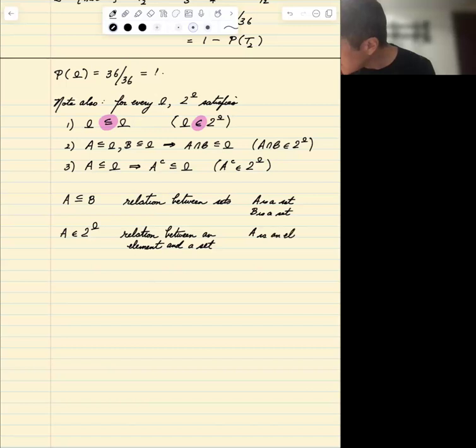We're regarding it as an element with respect to the power set. We're saying the power set has sets as its elements, and this set A is an element of that set. Okay, a little confusing if you're not familiar with it, and so something worth thinking about.